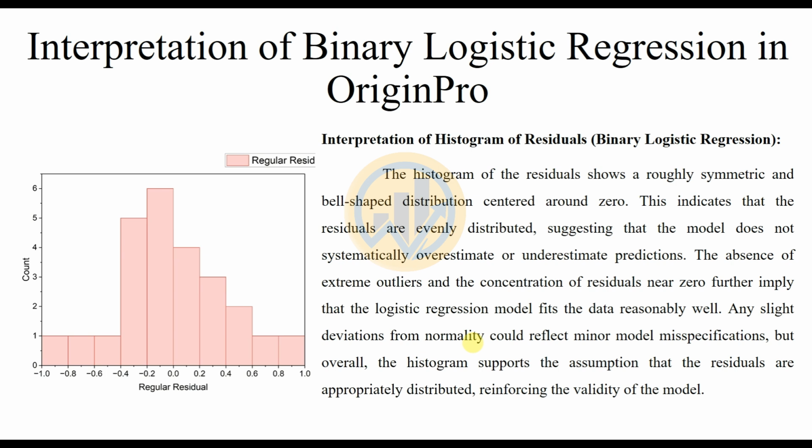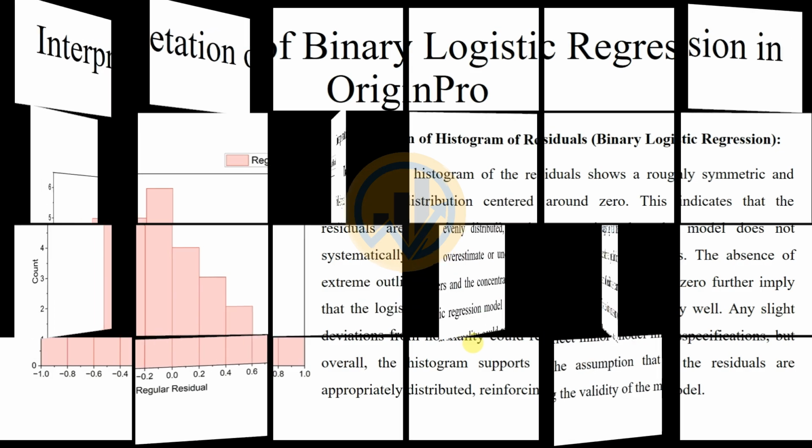The absence of extreme outliers and the concentration of residuals near zero further imply that the logistic regression model fits the data reasonably well. Any slight deviations from normality would reflect minor model limitations, but overall the histogram supports the assumption that the residuals are approximately normally distributed, reflecting the validity of the model.